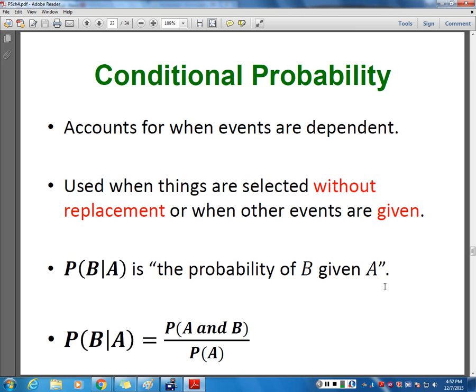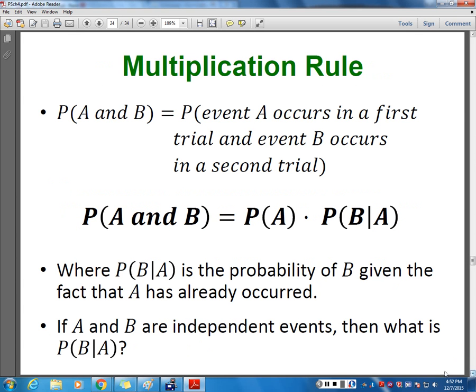For the most part, we will not rely upon the formula. We'll use some logic in order to find conditional probability. Conditional probability is used in the multiplication rule, which, spoiler alert, involves multiplication. The probability of A and B is the probability that A occurs in a first trial and event B occurs in a second trial.